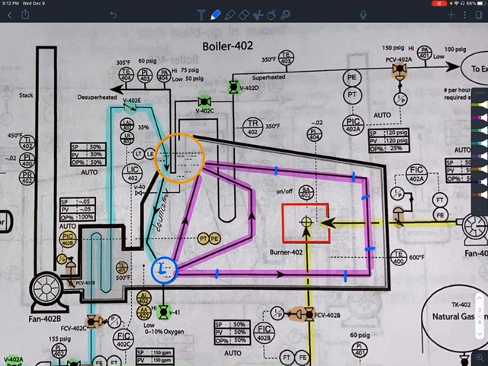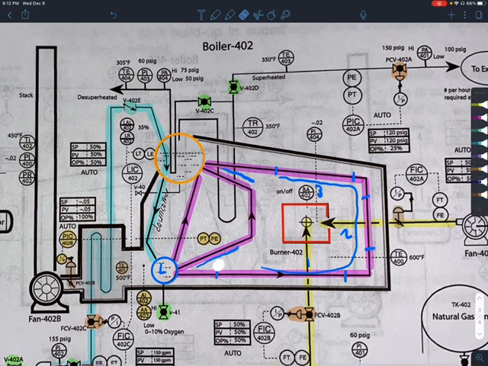That is way longer than this pipe. This pipe is about half the distance, and it is only being directly exposed to one side. This pipe is being exposed 1, 2, 3 times. This one is being exposed only once.